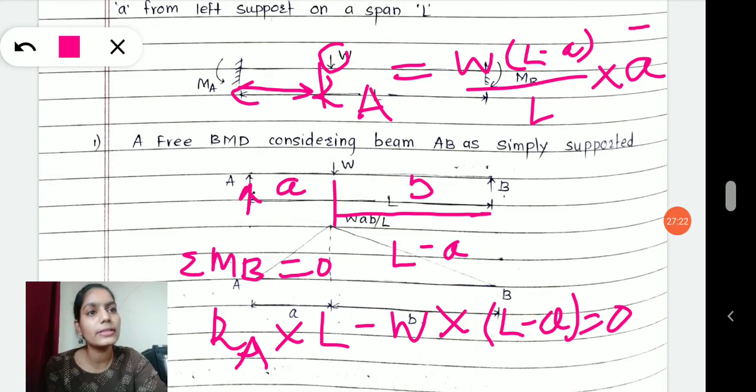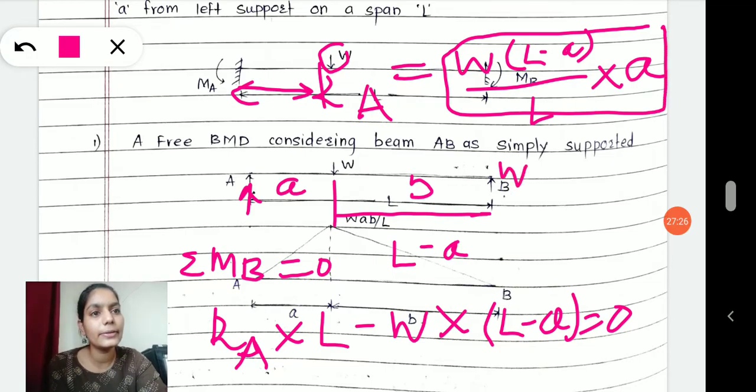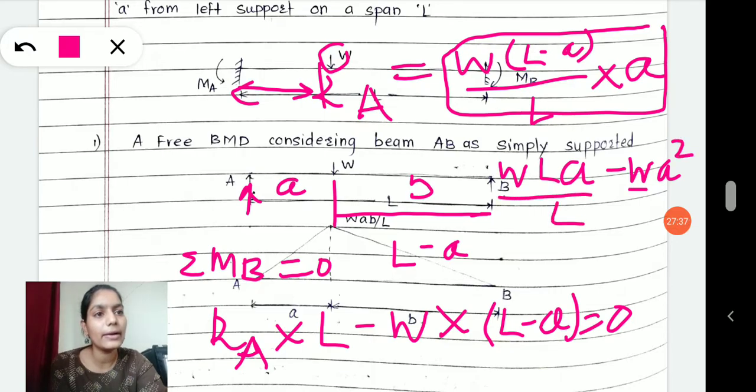If you solve this equation, it will be W into L into A minus W into A square divided by L. Now I am taking a separate denominator.